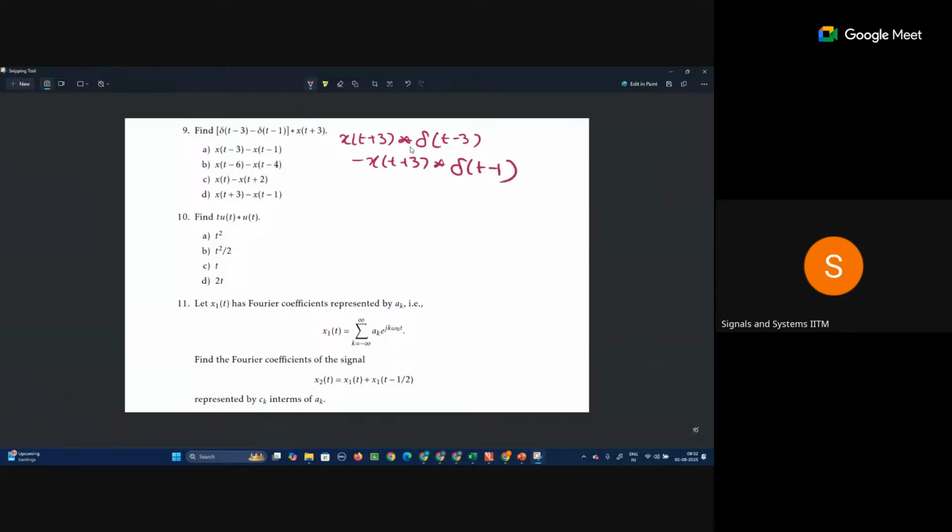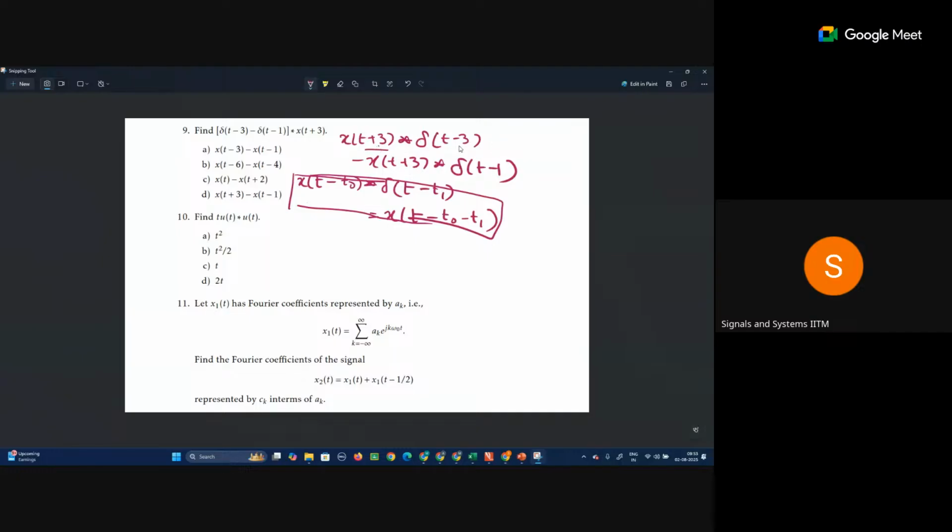Yes. There is one formula: x of t minus t naught convolved with delta of t minus t1 will be x of t minus t naught minus t1. That is the shifting property. We have to use this property here.